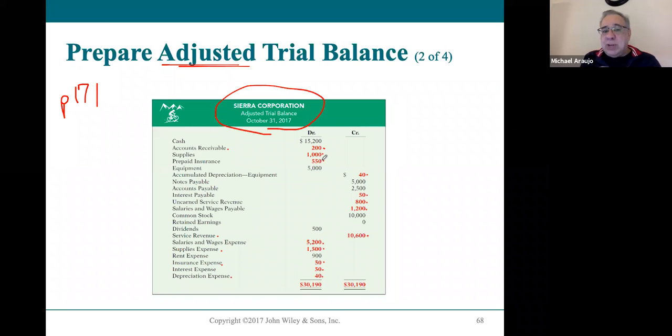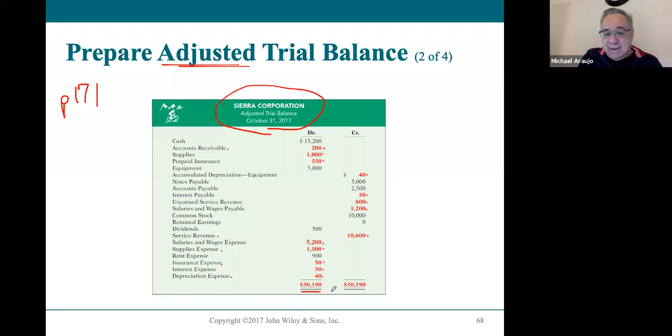Okay, so the adjusted trial balance, again, looks at the ledger accounts after the adjustments that we just did, because adjustments are recorded in the journal, and from the journal, they go to the ledger. So those particular balances have changed at the end of the month after the adjustment process. So now we have to make sure that our ledger is balanced, and we do an adjusted trial balance.